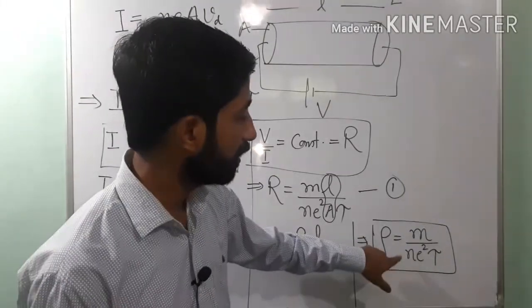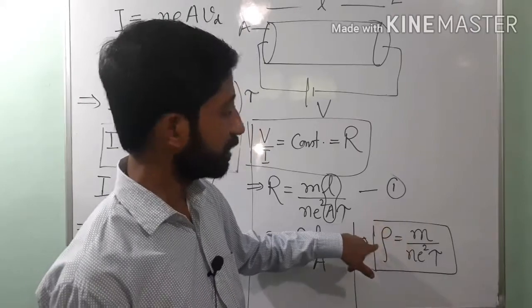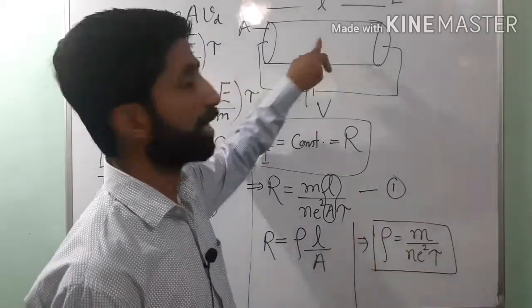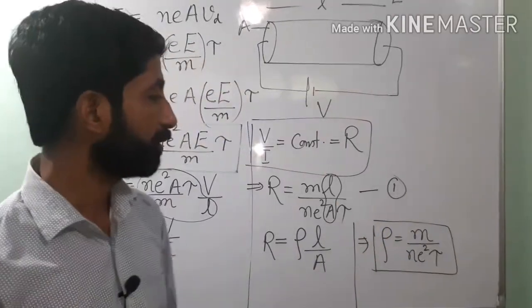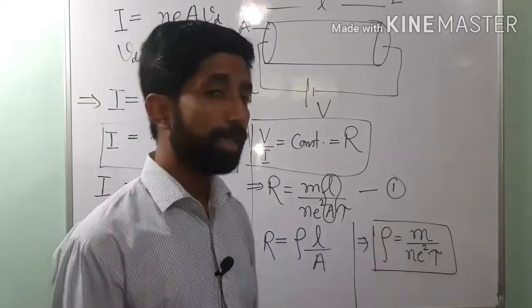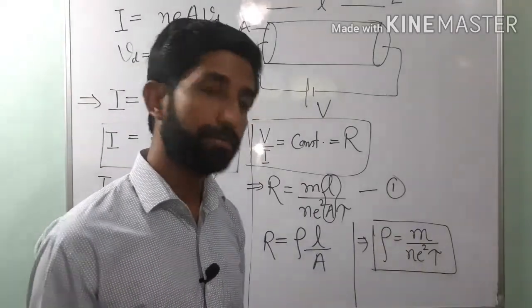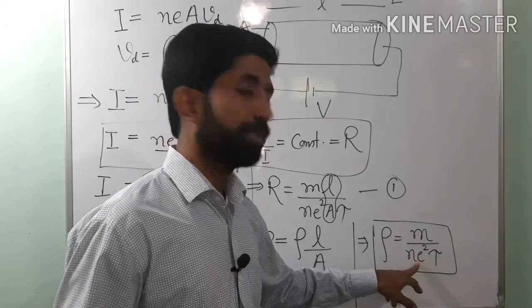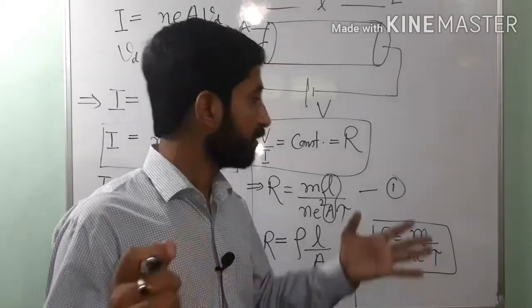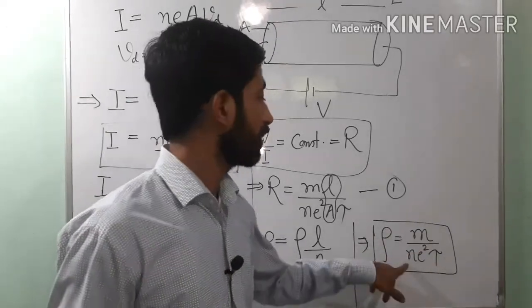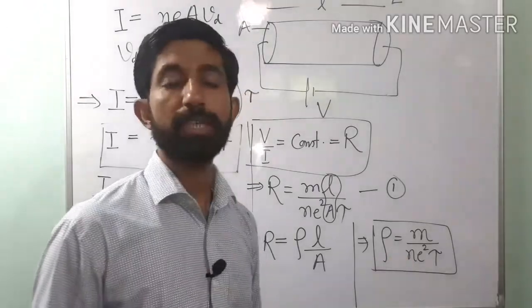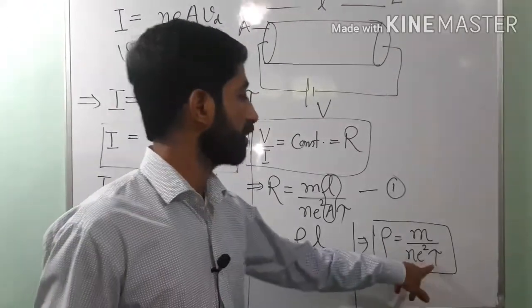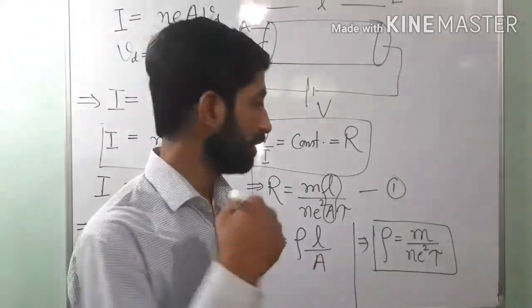So this is telling us the resistivity of any conductor or any matter depends on what? Mass of the electron, which is constant for every conductor, charge on electron, which is again constant for every conductor, but the number of free electrons per unit volume, n, and tau will be different for different materials.